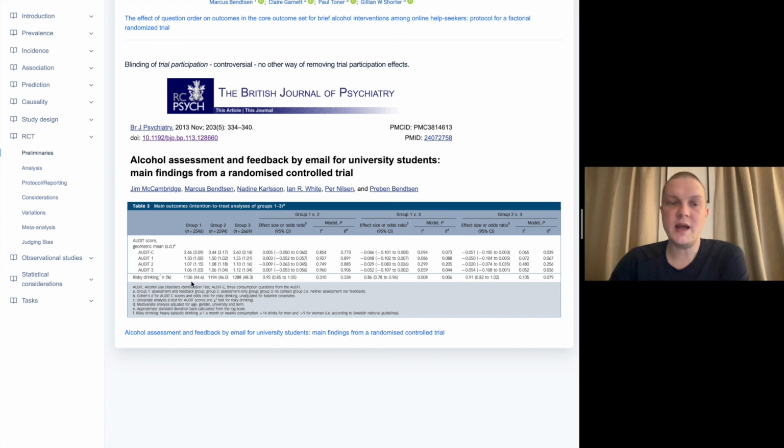This type of very naturalistic study, to really understand what the effects of an intervention are in a real world setting, removing any effects of actually being part of a trial, is rare for good reasons, because there are ethical considerations when doing it like this. At the time, it was considered ethically defensible because we knew very little about the effects of trial participation for these types of interventions. You can read more about the study and all the findings here in the link.